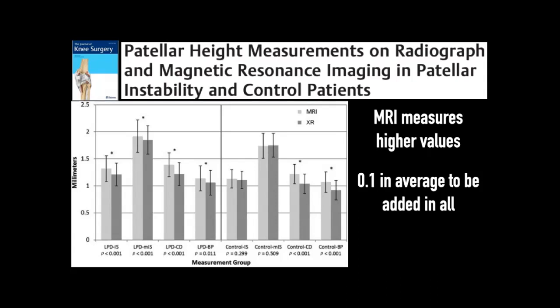So she advised 0.1 to be added to the X-ray values. Like we say, Insall-Salvati more than 1.2 is patella alta. But if you get 1.2 in MRI, that may not be patella alta. It must be 1.3 or 1.4. So this is the inference from this study.